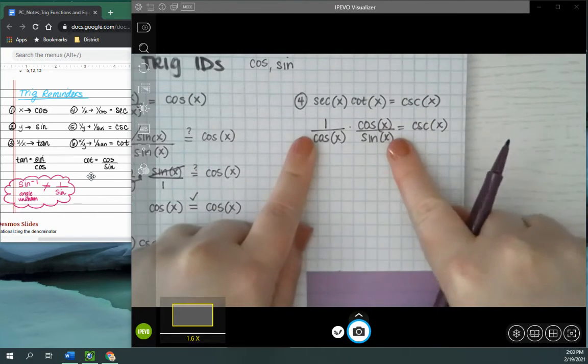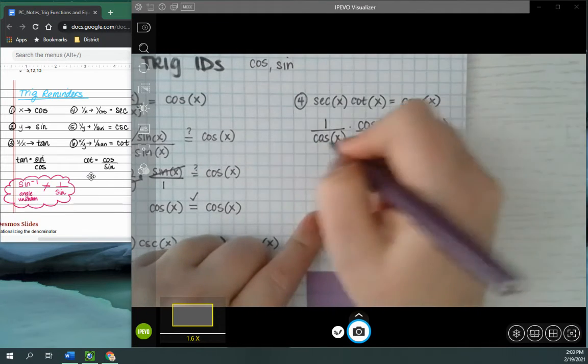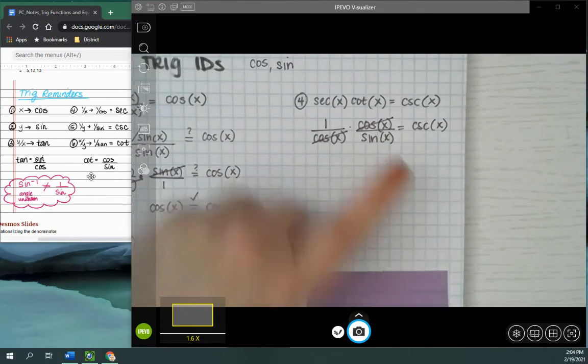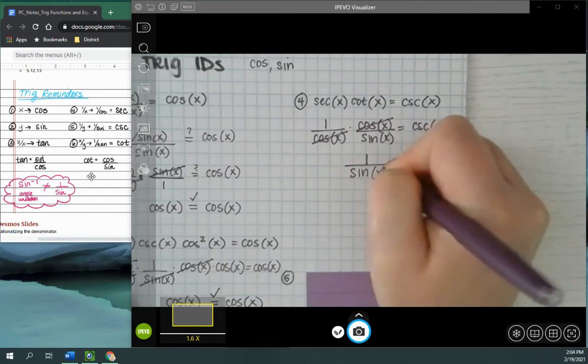Let's see if anything will reduce. I see a cosine on the bottom and a cosine on the top. I can reduce that to 1. I have a 1 on the top and a sine on the bottom.